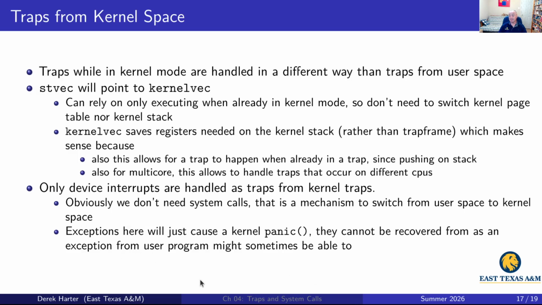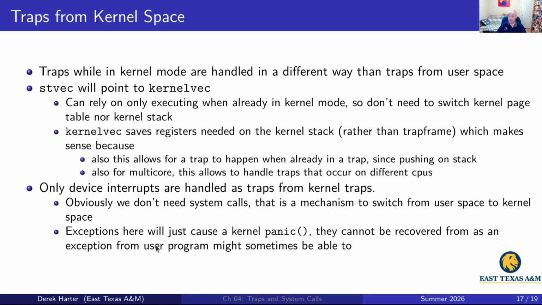The other thing is that exceptions could occur, but if an exception occurs, that usually means it really can't be recovered from. So basically, if an exception caused a trap, we're just going to do a kernel panic.